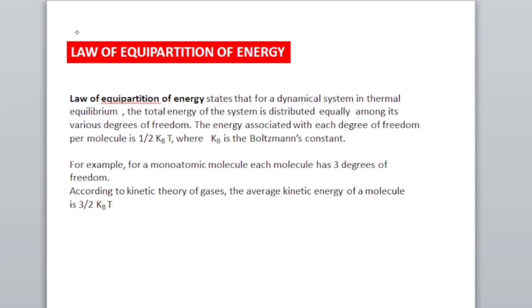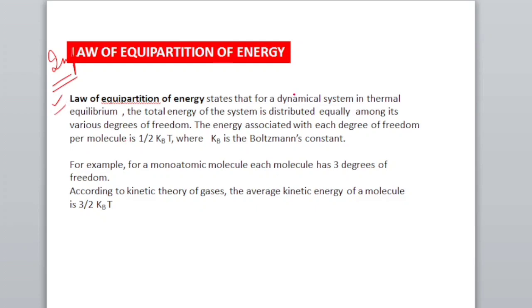After this, one important law is there, that is the law of equipartition of energy, and on the basis of this law you have to find specific heat capacity for different types of gas molecules, which is the last topic of this chapter. How do you define this law of equipartition of energy?